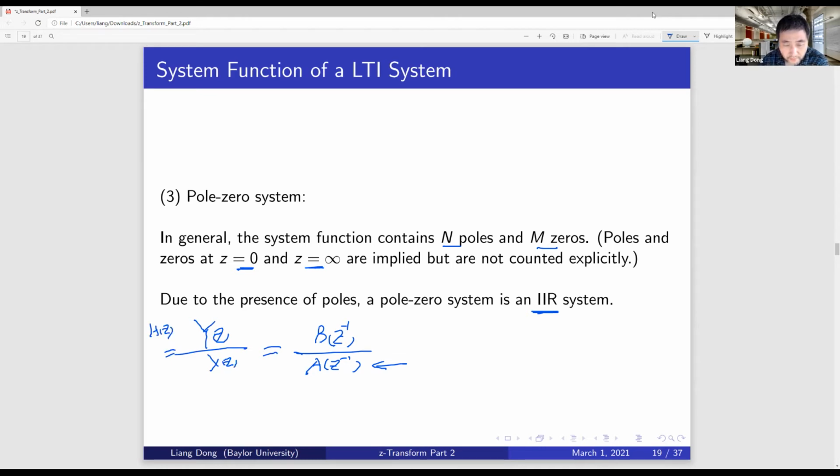You multiply around that, so it's Y(z) times A(z) times this polynomial. And then we know this part is the feedback part. And I have X(z) times this part, which is the feed forward part. Because I have the feedback part, the system is an infinite impulse response system.